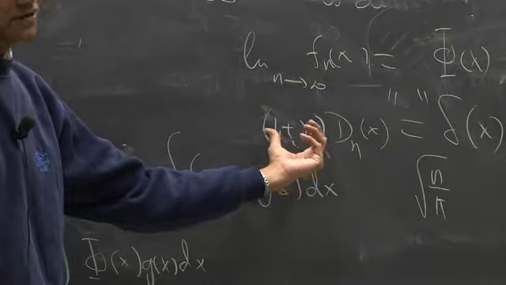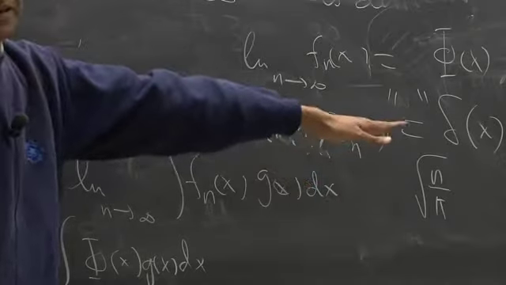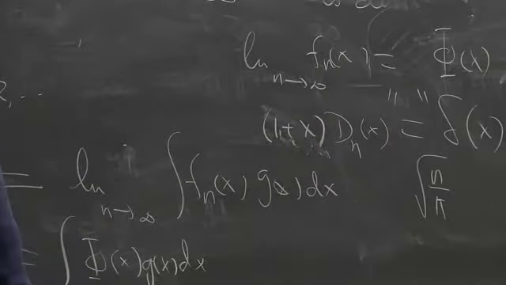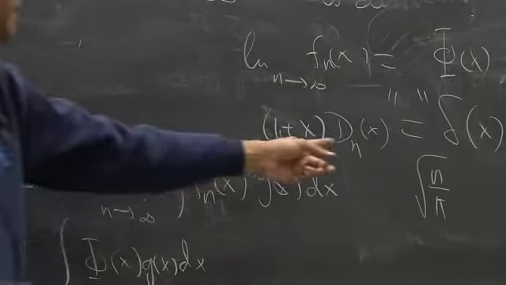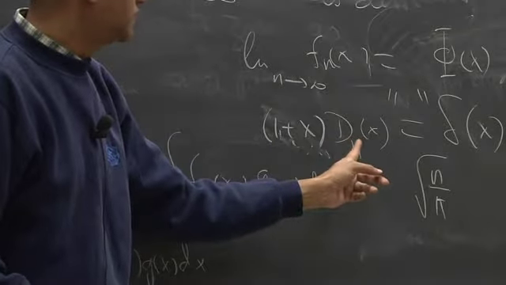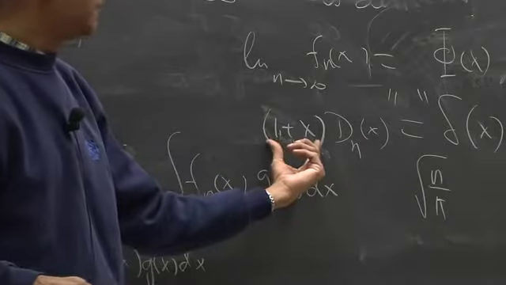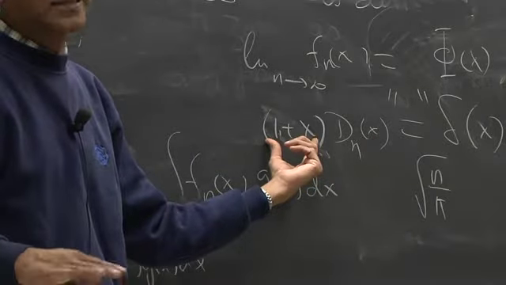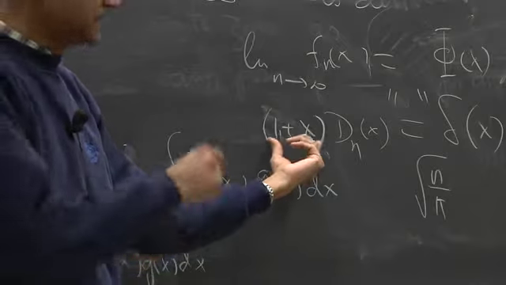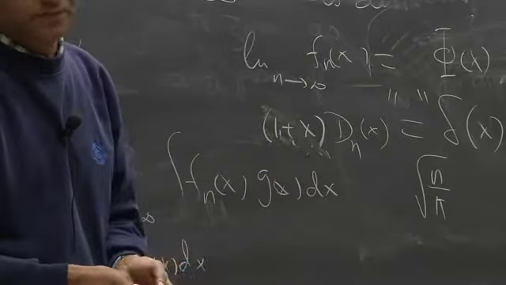The sequence, because as n goes to infinity, this goes to 0 for non-zero x. So it doesn't care about the value of this function at x not equal to 0. It only cares about its value at x equal to 0, and that should be equal to 1.